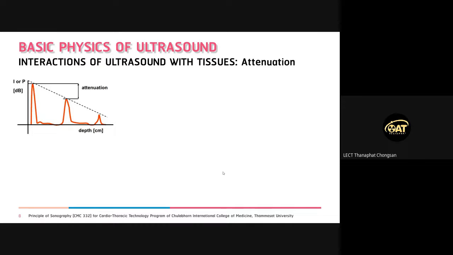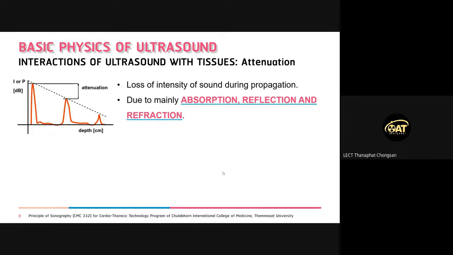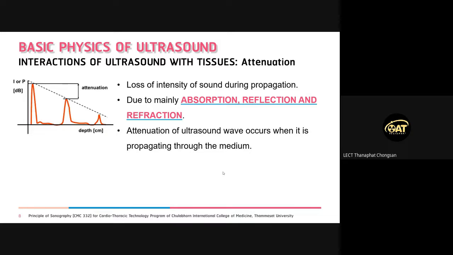Okay, another factor is attenuation. In general, when sound waves move into some matter or medium, that matter will interact with the sound by absorption, reflection, and refraction. However, the main effect is absorption.